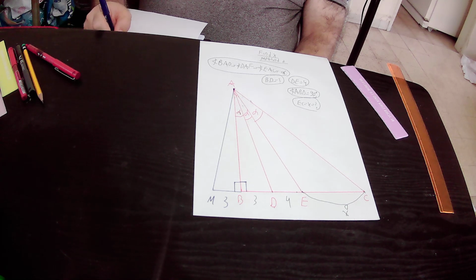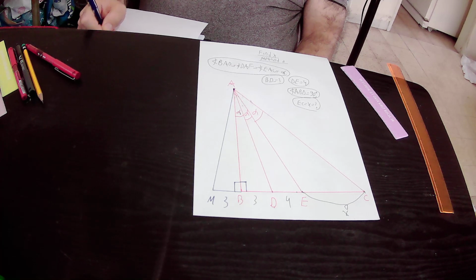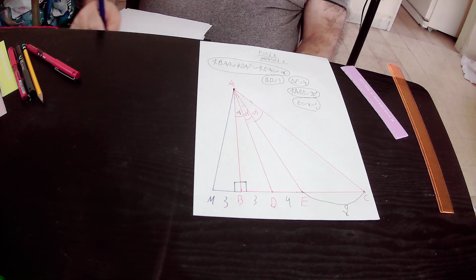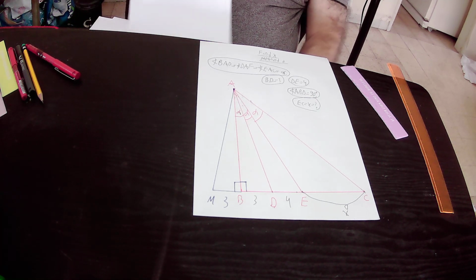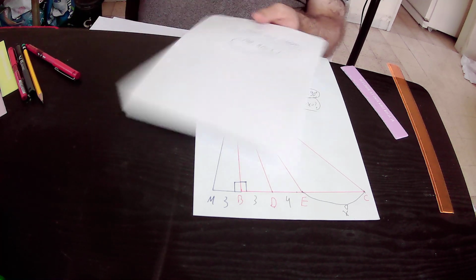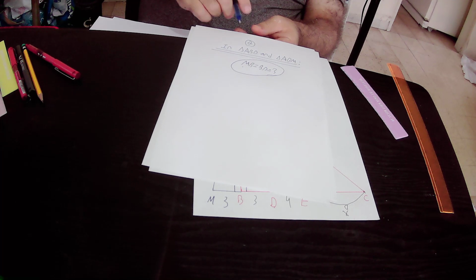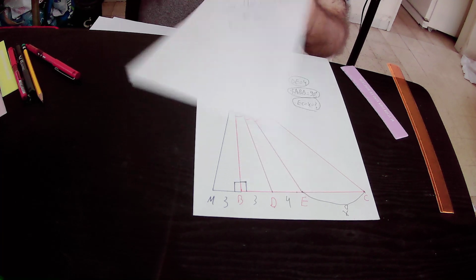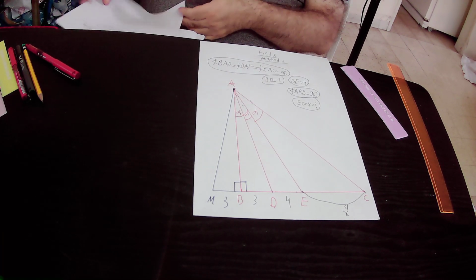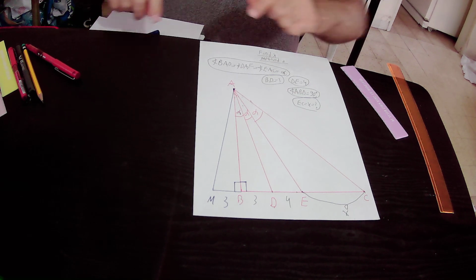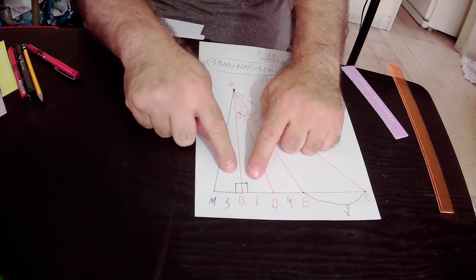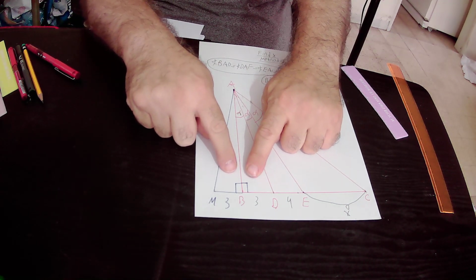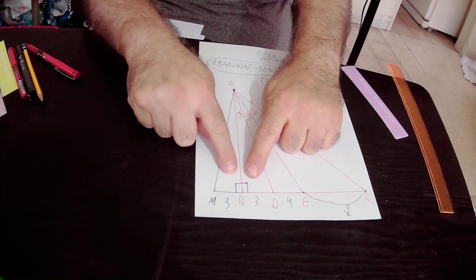It equals BD, that is also equal to 3 units, because it is given in the question that BD equals 3 units. So we have here MB equals BD equals 3 units, and we also know that those two angles are equal to each other because both of them are equal to 90 degrees.